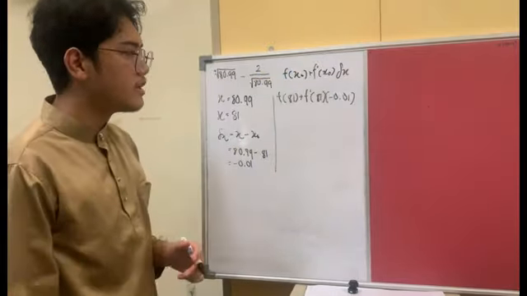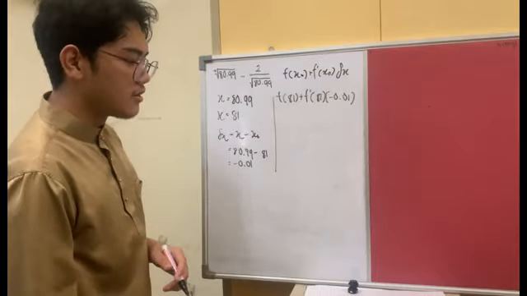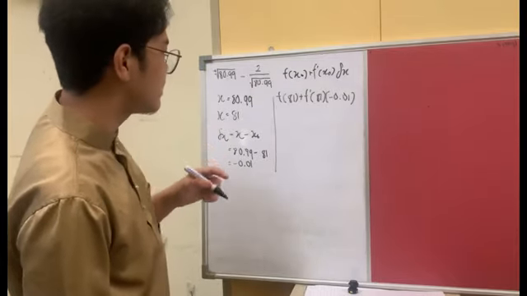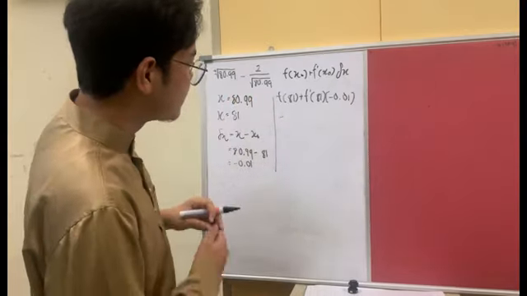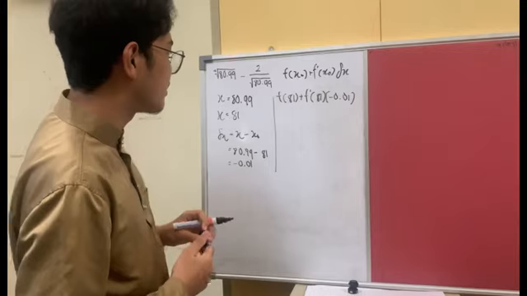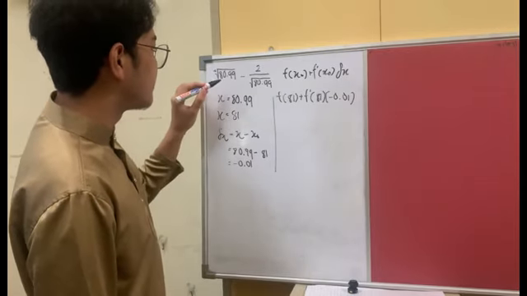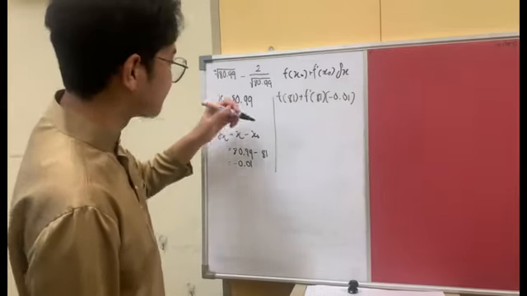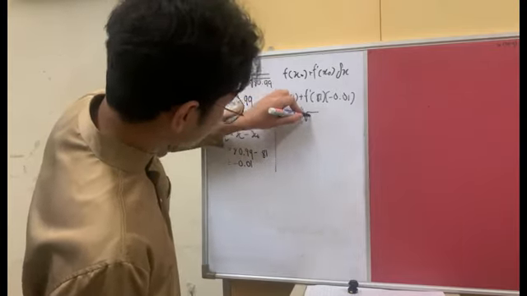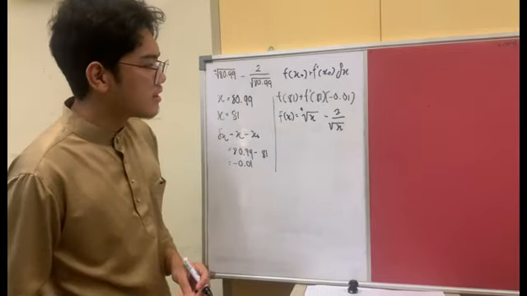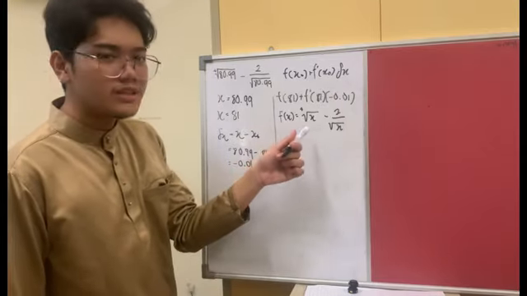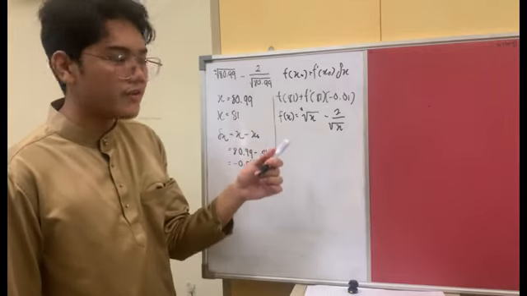Now we only need to find the f prime. To find the f prime, we need to differentiate this equation. But first, before you differentiate it, you need to find the function. You can find the function by letting 80.99 be x. The function for this is square root of x minus 2 over square root of x.